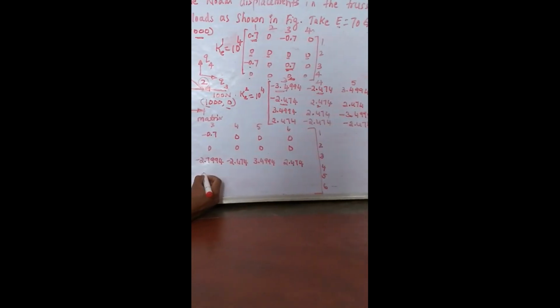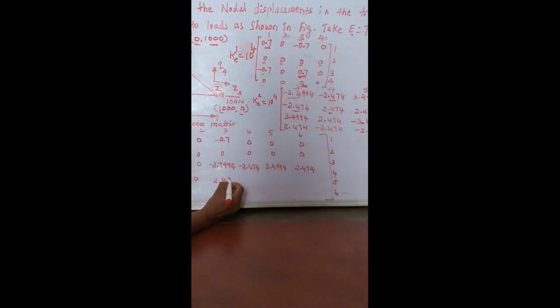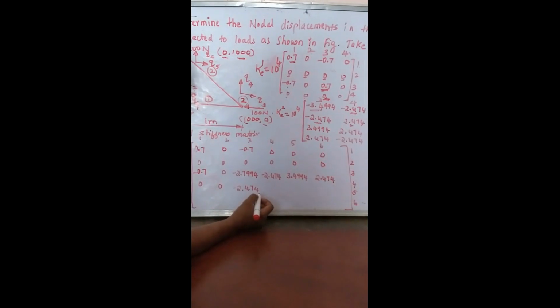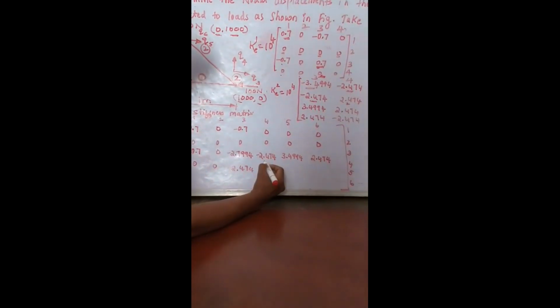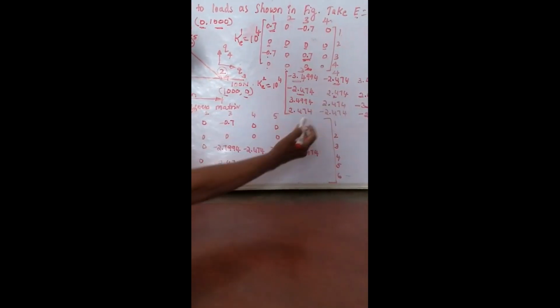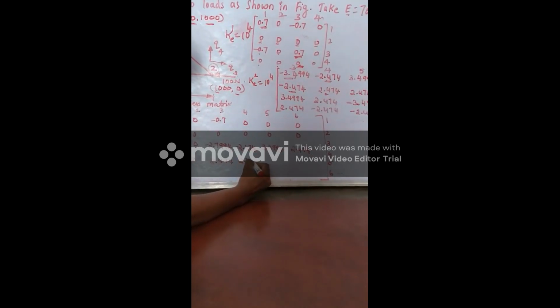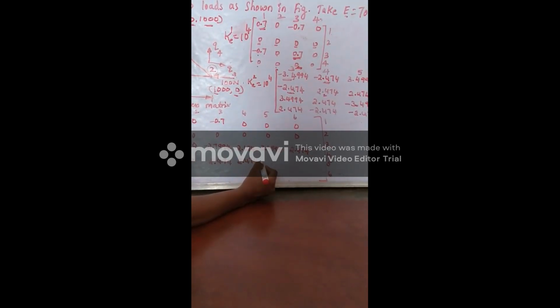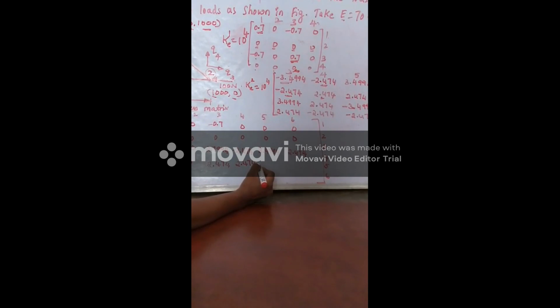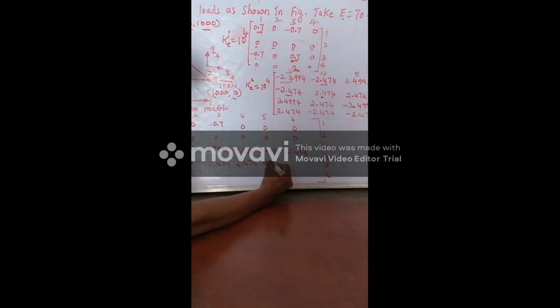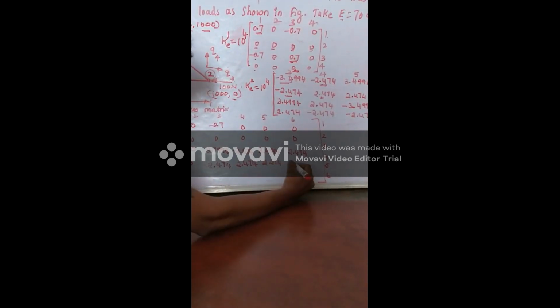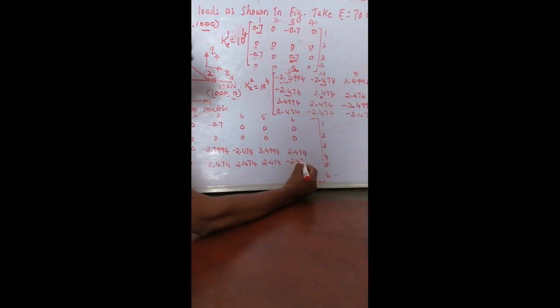So it will be minus 2.474 and 4 cross 4. So this is 4 cross 4 plus 2.474 and 5 cross 4, 2.474, 6 cross 4 minus 2.474.